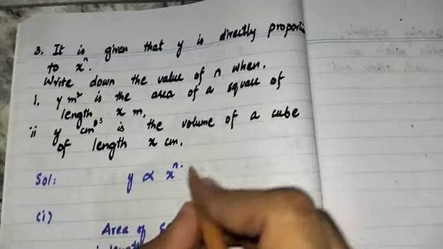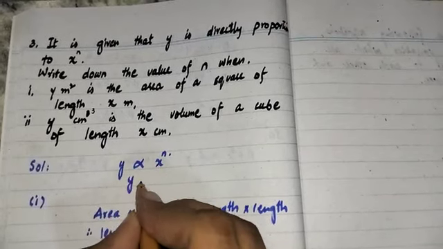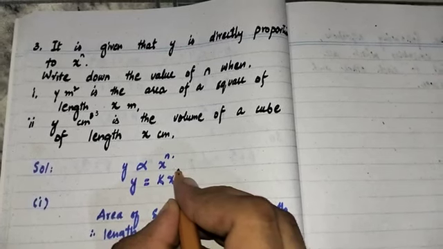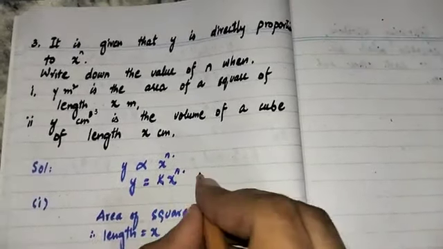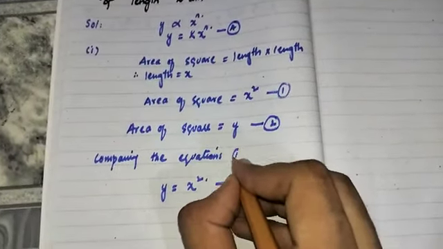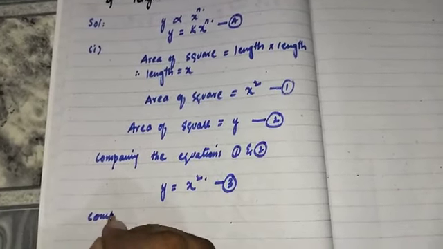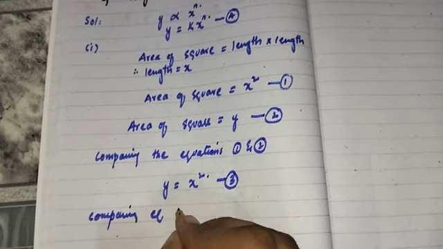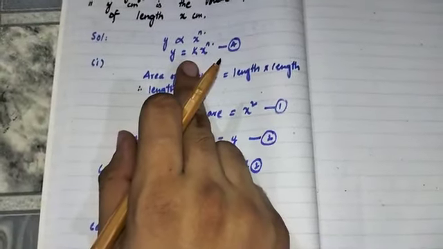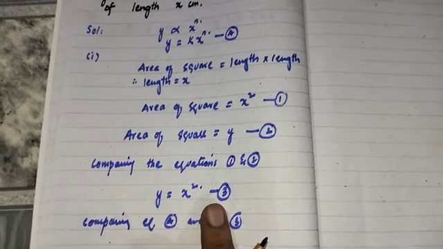Now, according to the first given information, y is directly proportional to x power n. Then it means that y is equal to k x power n. So this is another equation, equation A. Now comparing equation A and equation 3: in equation A, y is equal to k x power n, and in equation 3, y is equal to x square.